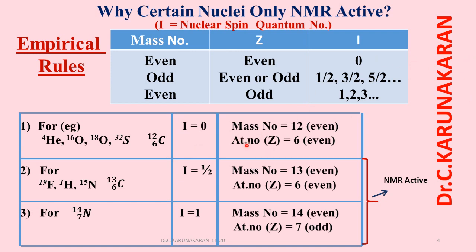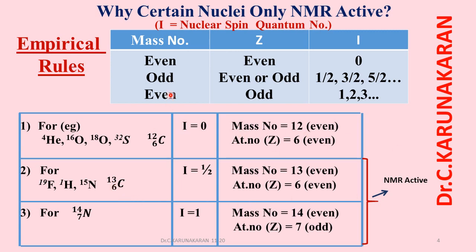Therefore, I equals 0. Similarly, for helium, the atomic number is 2 and the mass number is 4, both even. Therefore, I equals 0.